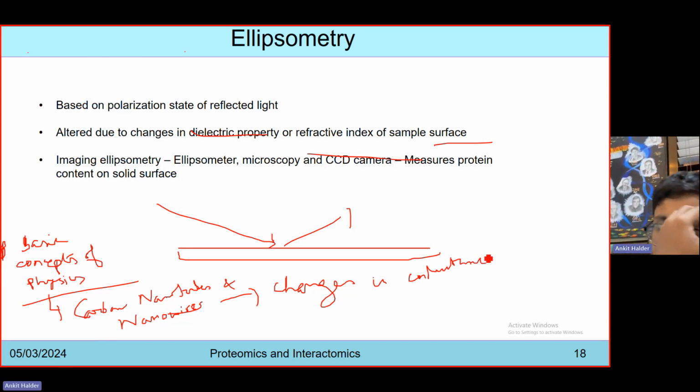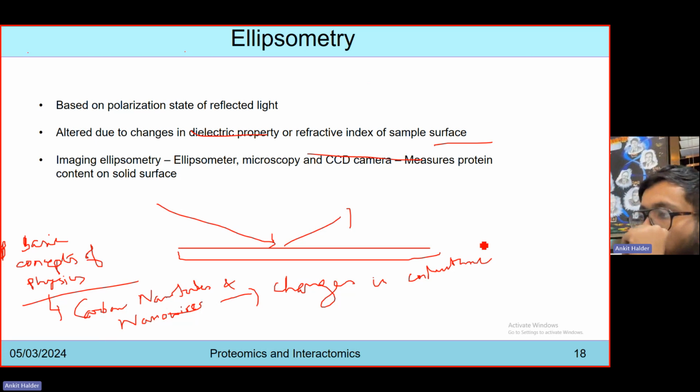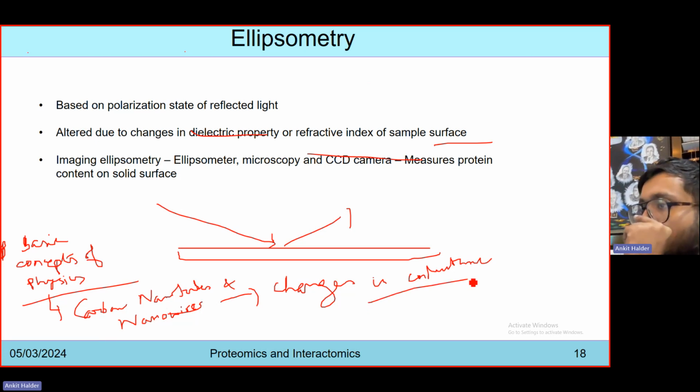When the protein binds to its molecule, you will have changes in conductance.